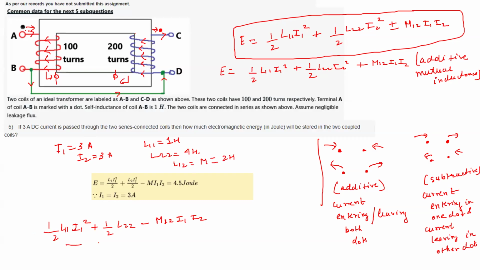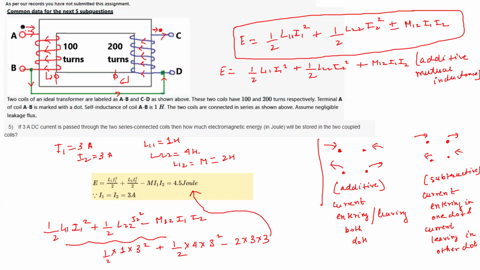So placing everything in the formula: half L11, which is 1, into I1 square, plus half L22 into I2 square, minus, because of transformer action, Lenz's law, subtractive mutual inductance, M, which is 2, into I1 into I2. If you solve this, you will get 4.5 joules.